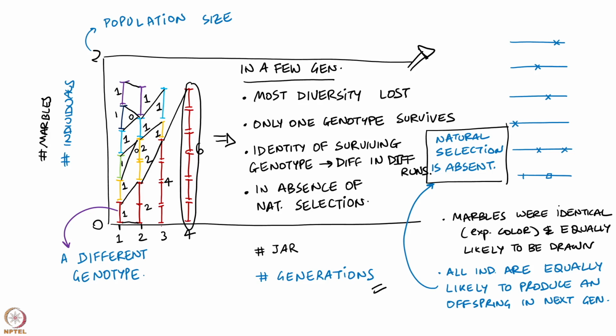That means the mutations that the red genotype was carrying, let us imagine that these were the unique mutations that the red genotype was carrying. And now, since we have reached a stage where every individual in the population is carrying those two mutations, we say that these two mutations have been fixed in the population.